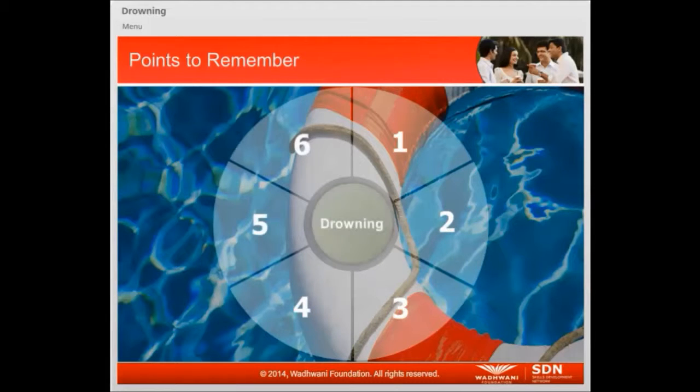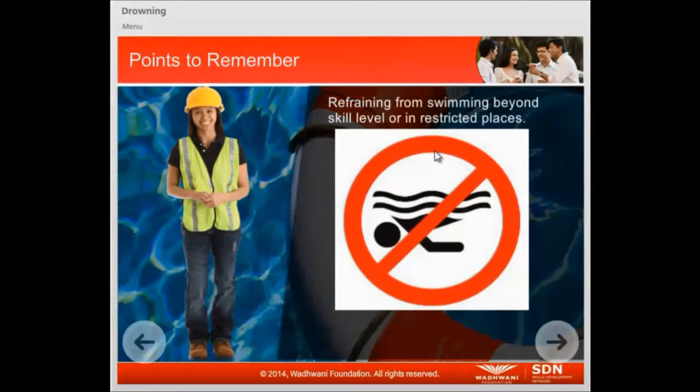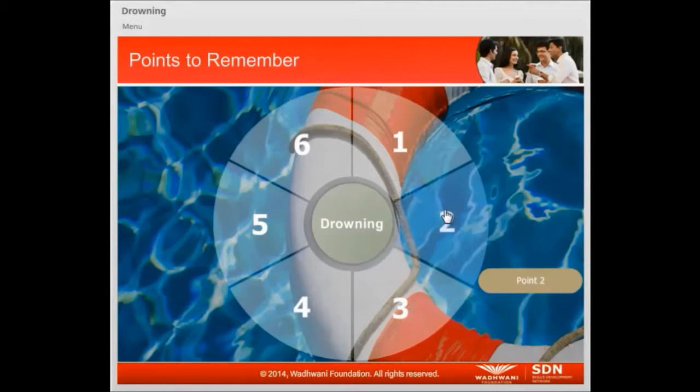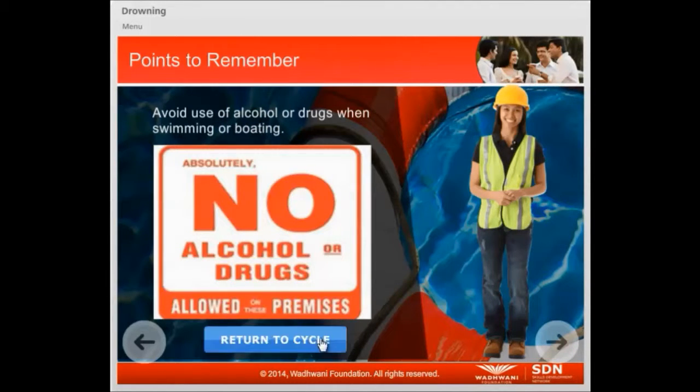Now let's recapitulate some of the points that we should remember to avoid drowning or near drowning situations. Refrain from swimming beyond your skill level or in restricted places. Do not use alcohol or drugs when swimming or boating.